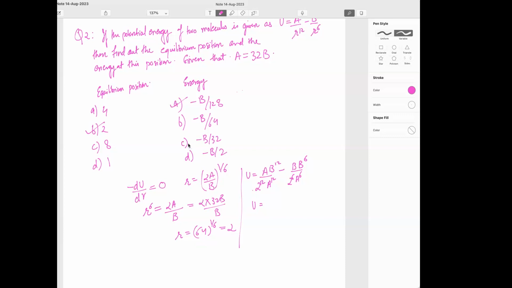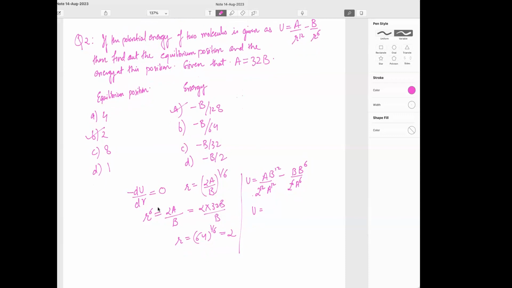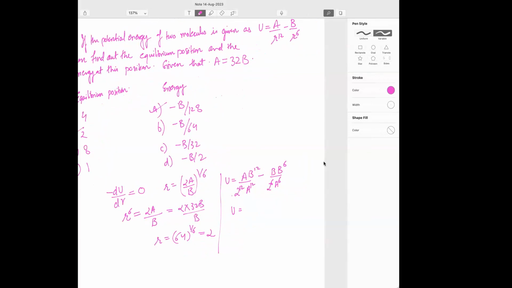Now, if we differentiate, because minus of that potential derivative is equal to the force, keeping the constants as A and B, we get 12A by R to the power 13 minus 6B by R to the power 7.